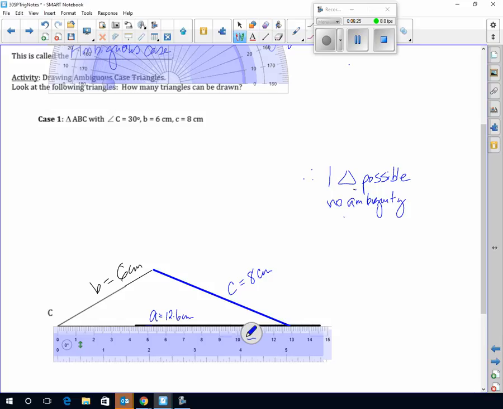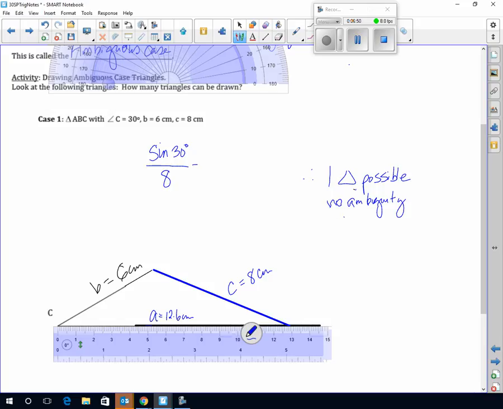Okay, so now let's actually set up the sine law. So we get, because we say we want to know what B is, right? Sine of C would be 30 degrees over 8. Does everybody see what I'm doing?